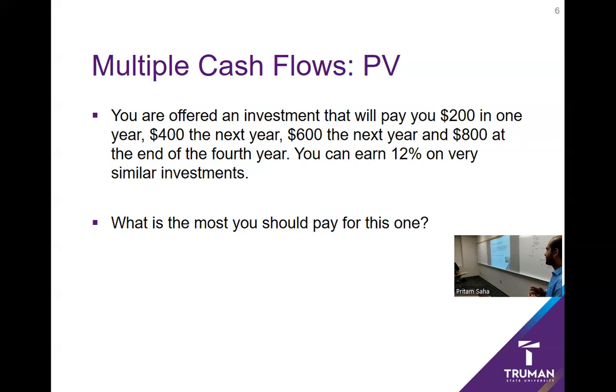You got it? Okay. Done. How much did you get? And how did you do that? 4 different cash flows. We all got 1432.93.